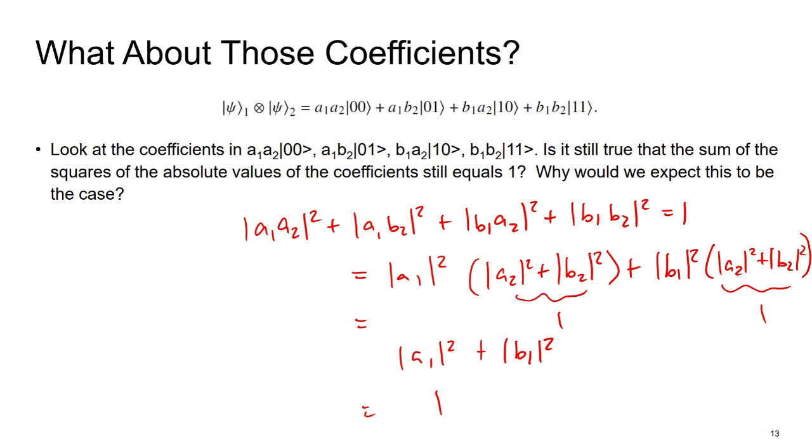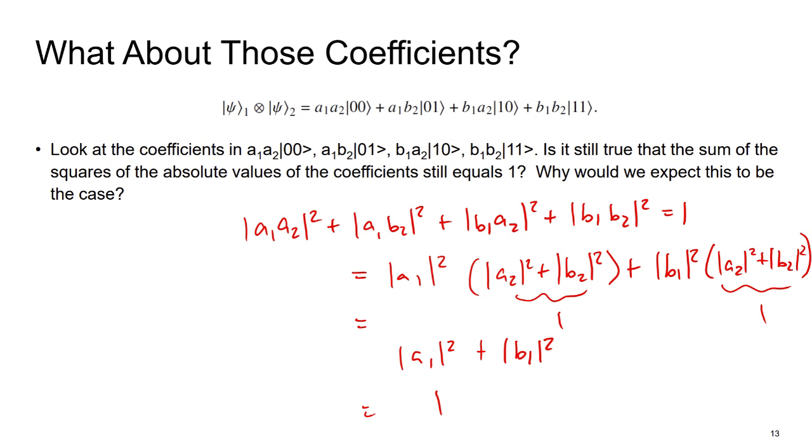So the sum of the probabilities of each case occurring has to add up to 1. And by extension from the 1 qubit case, we would expect that the coefficients here of this entangled state would correspond to probability amplitudes. The probability of getting |01>, for example, would be |A1 B2| squared.